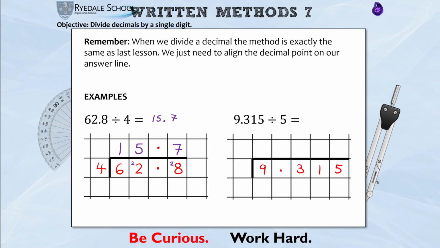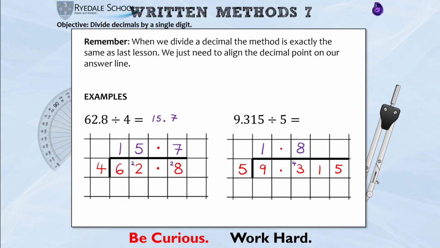So the next question is 9.315. Remember to use a square for each digit again, and we are dividing by 5. Again, I'm going to put my decimal point above in my answer line. So, how many 5s go into 9? Well, that is 1 with 4 left over. So I'm going to carry the 4 onto the 3, 43. How many 5s go into 43?